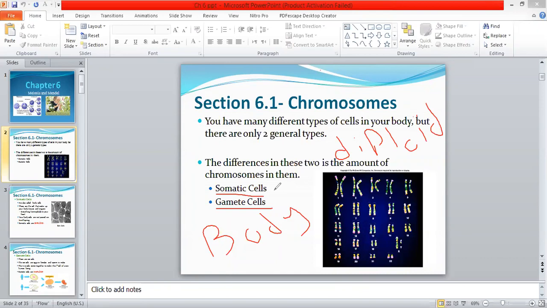And the number of chromosomes in human being is 46 chromosomes or 23 pairs.